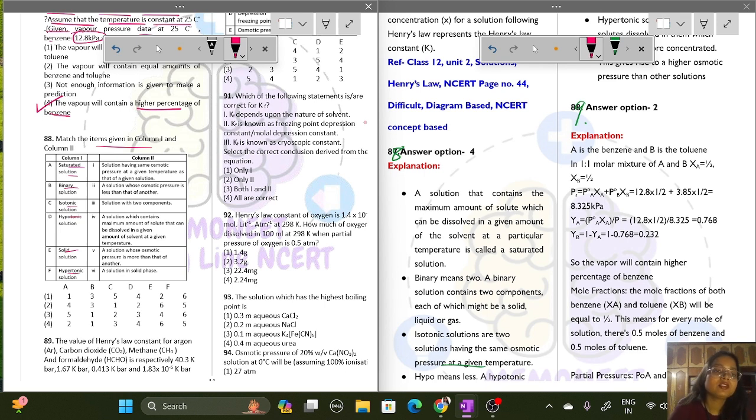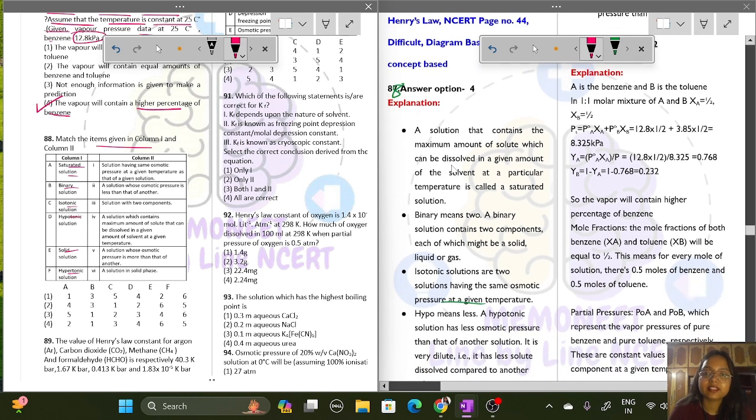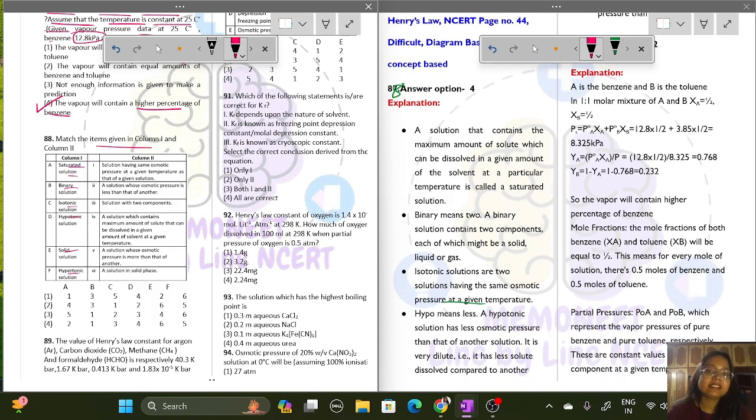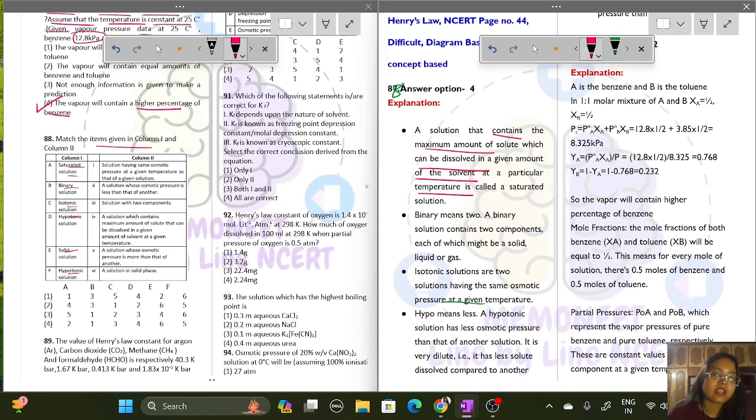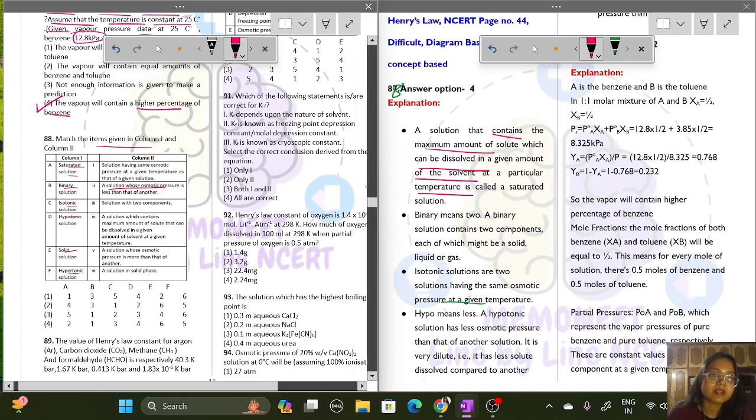So we have to match all of these. Let us see. What is a saturated solution? It contains the maximum amount of solute which can be dissolved in a given amount of solvent at a particular temperature. So for option A, the correct match is the second one.